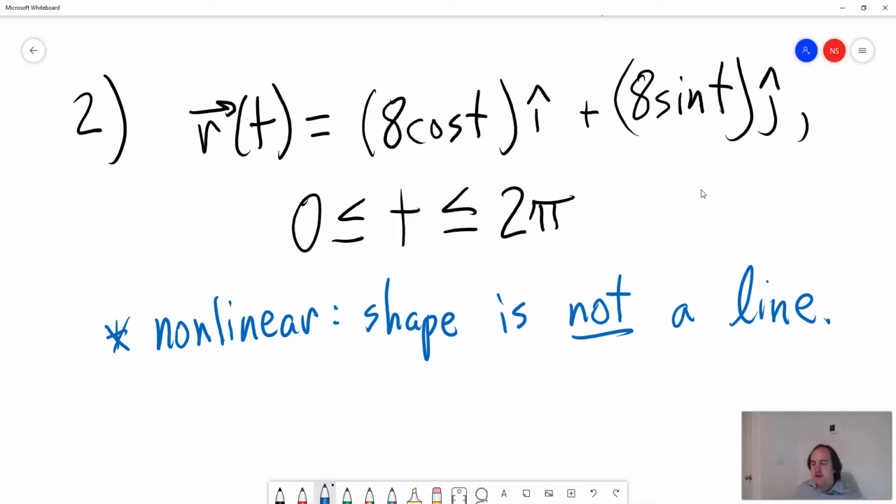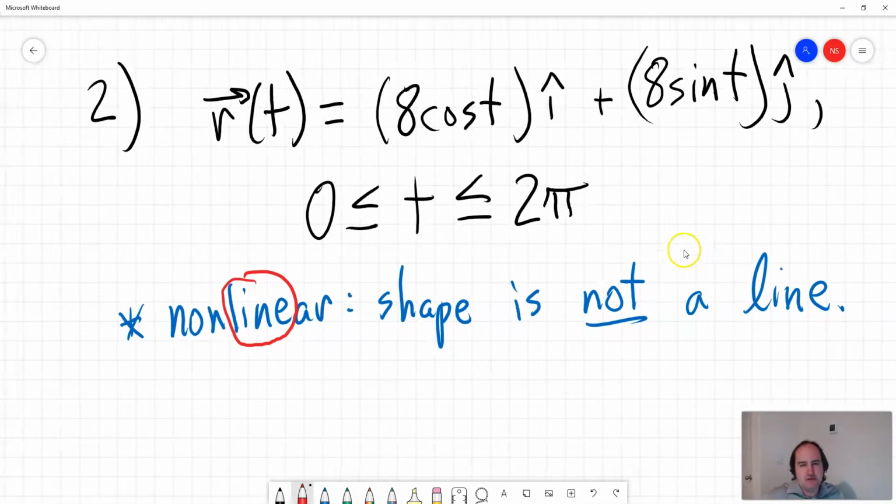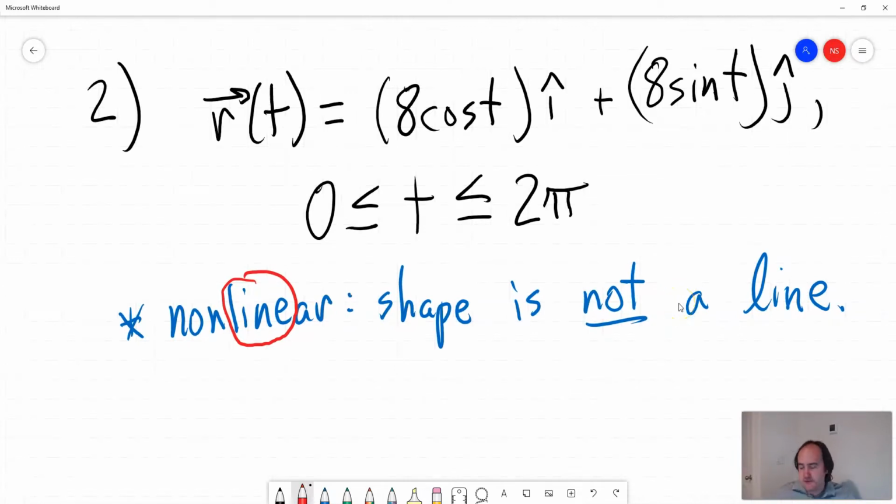Nonlinear means non-line, so the shape is not a line. So how do you graph it? Once again, you can plot points, but you just need to be careful to get the correct shape as you plot the points.